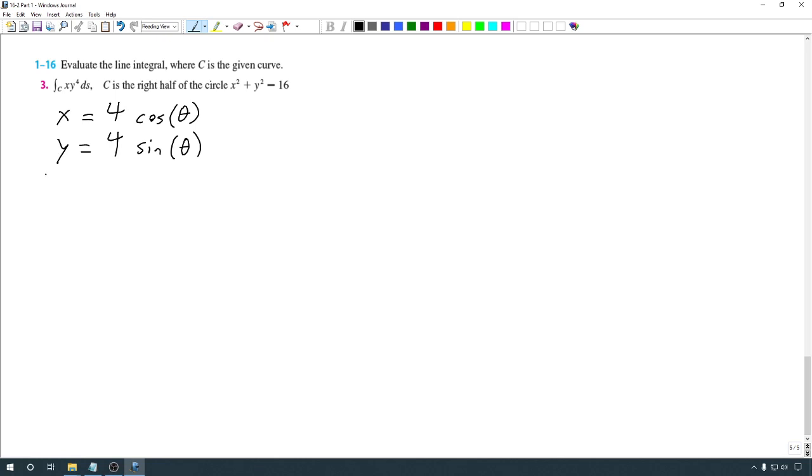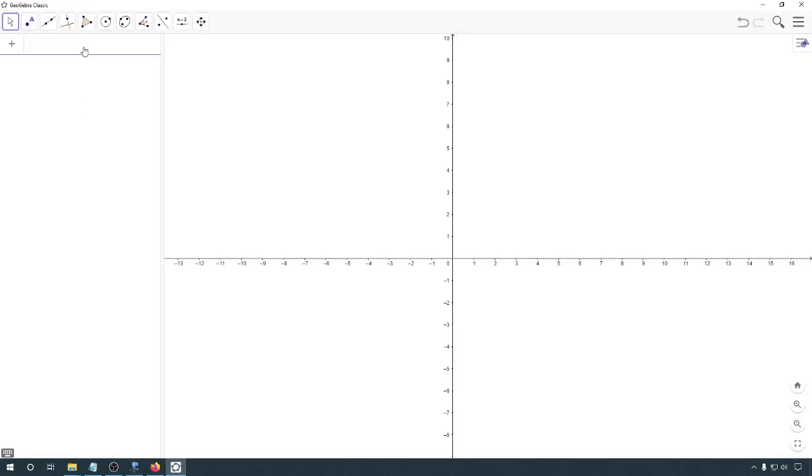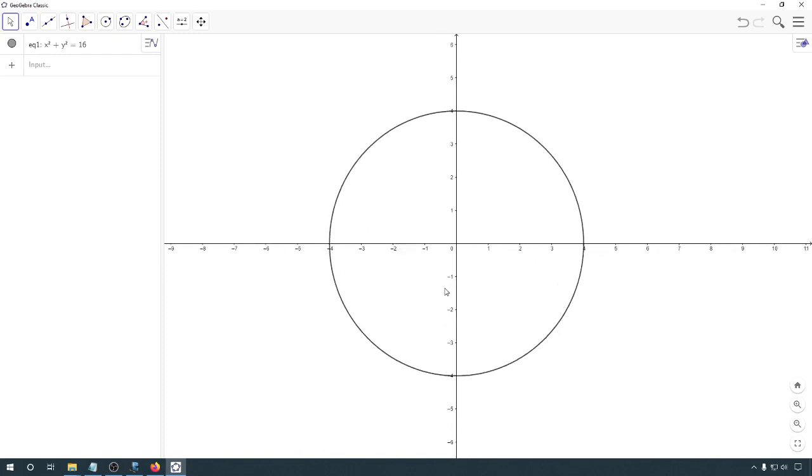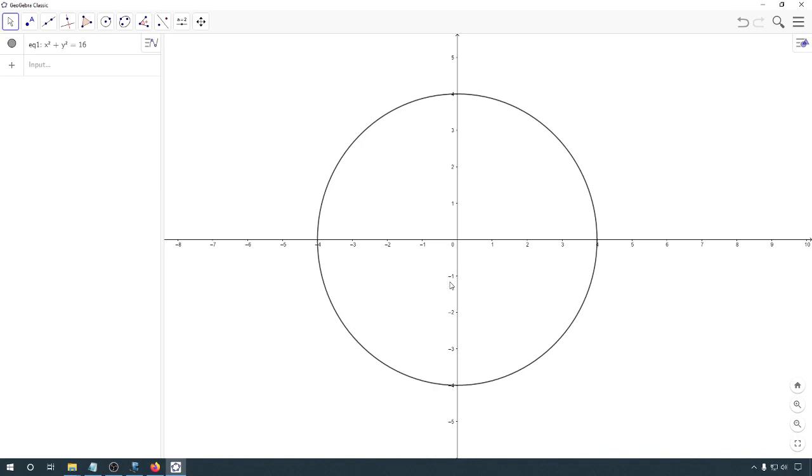Let's go ahead and actually plot this circle. So our curve here was the circle x squared plus y squared equals 16. So we've got a circle of radius 4. Of course, we're only really looking at the right half of this circle. So how do we get this right half over here? Remember, we put in 4 times cosine, and I'll use t here instead of theta.